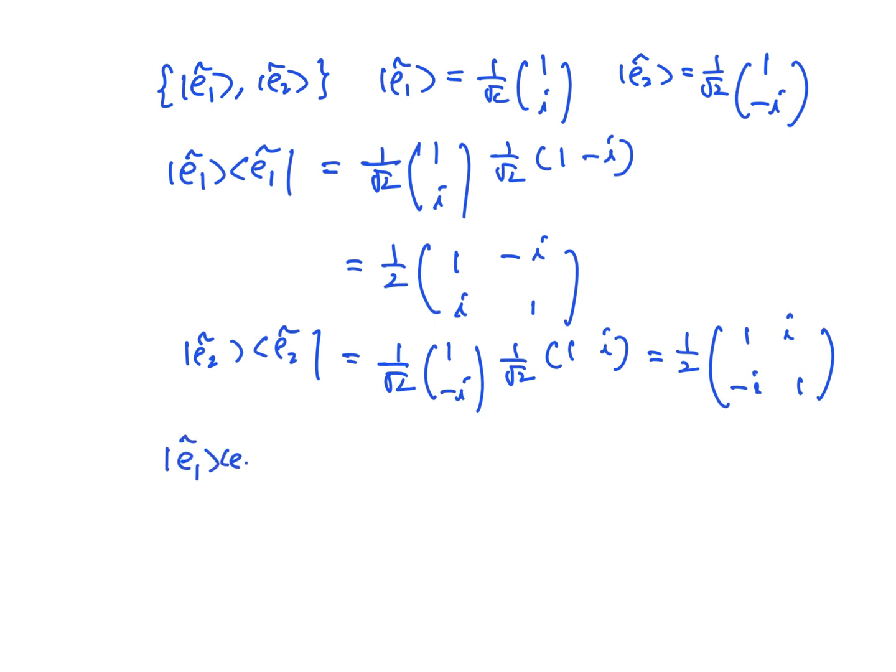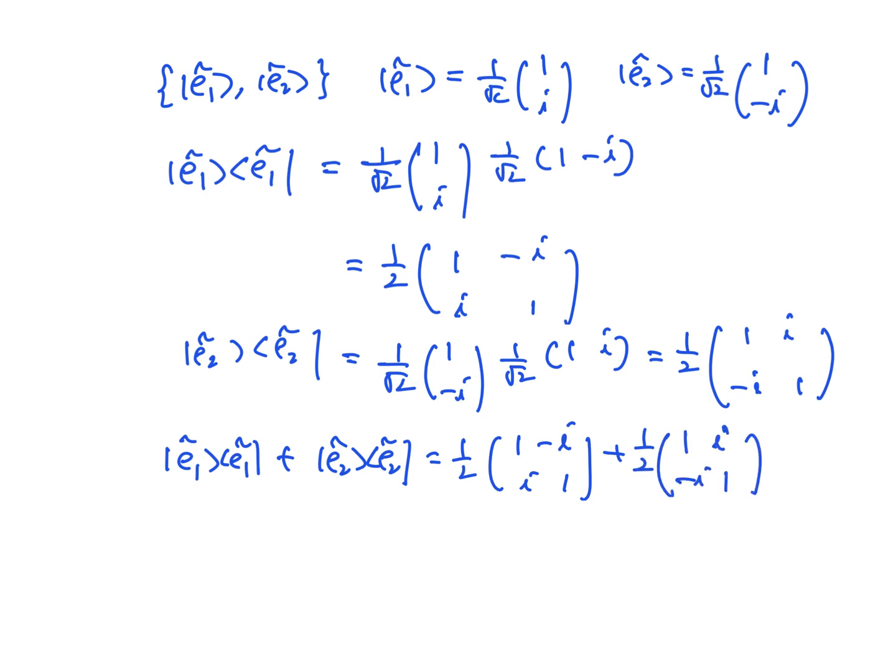E1 tilde outer product plus E2 tilde outer product is 1/2 (1, minus i; i, 1) plus 1/2 (1, i; minus i, 1). It's 1/2 of (2, 0; 0, 2), which is (1, 0; 0, 1), identity. Even though the form of the orthogonal basis was different, the sum of the outer products becomes identity.